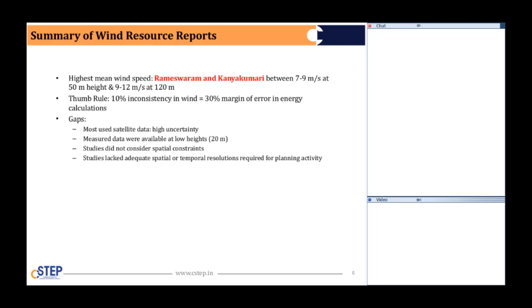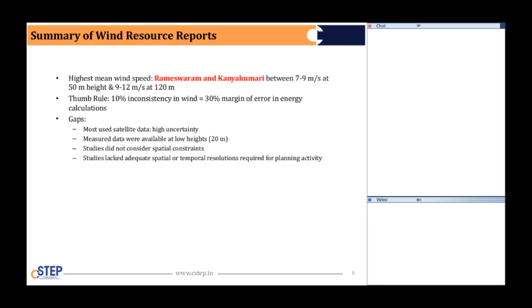So these studies helped us find average readings of 7 to 9 meters per second at 50 meters height for Rameswaram, and 9 to 12 meters per second at 120 meters height for Kanyakumari.